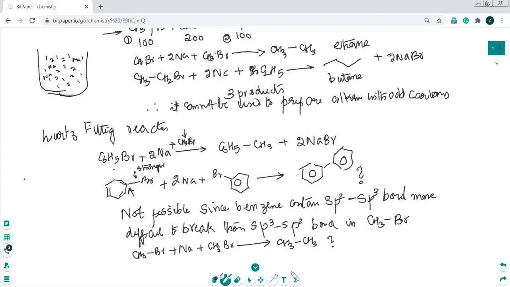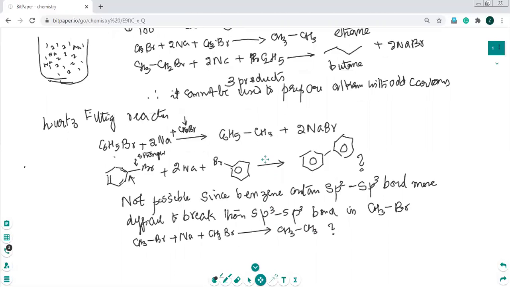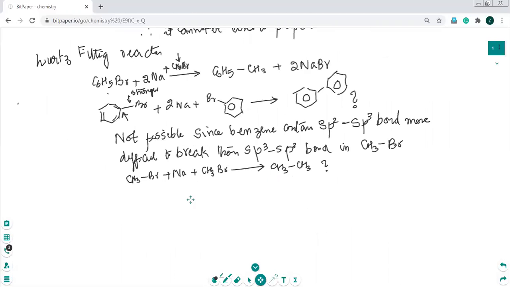Now here you have to develop an experimental technique. The experimental technique is that you always keep the alkyl halide in excess. How will you do that? See, you have a reaction flask.